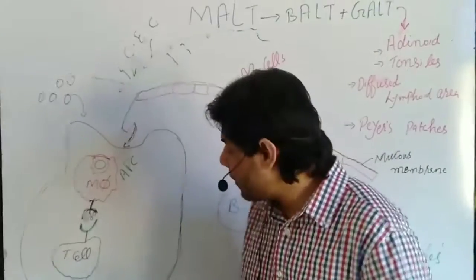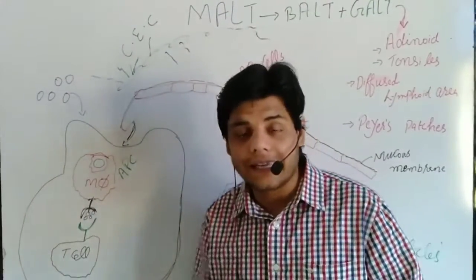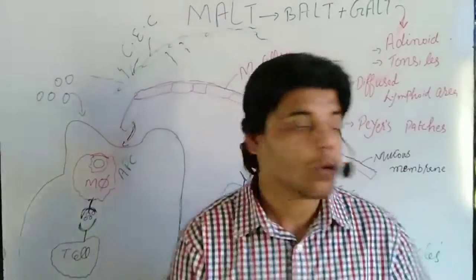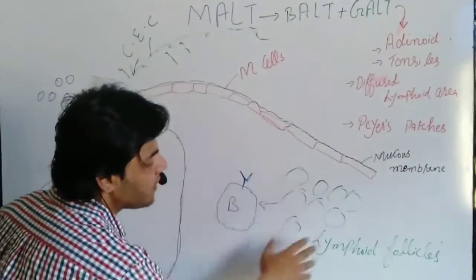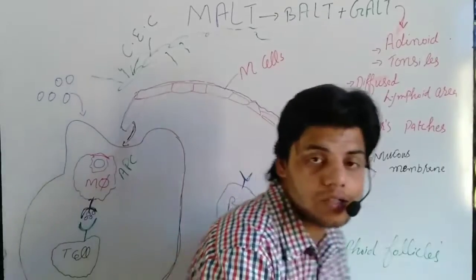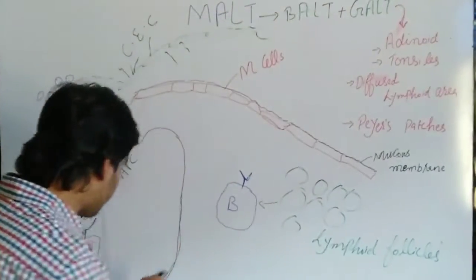After that, they secrete signals to the B cells, so the B cells present among the lymphoid follicles will be attracted to that specific area.